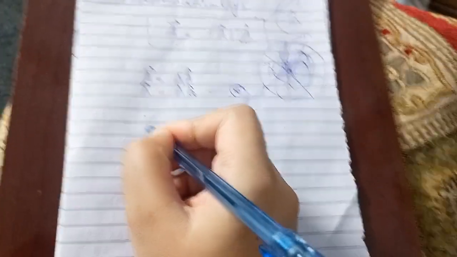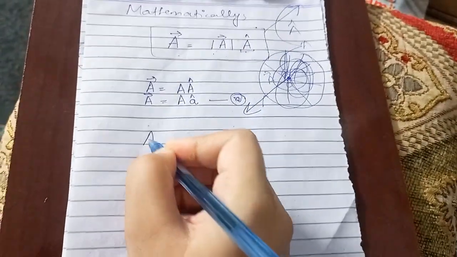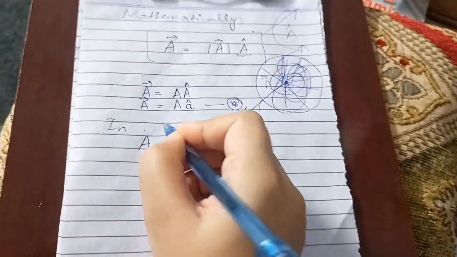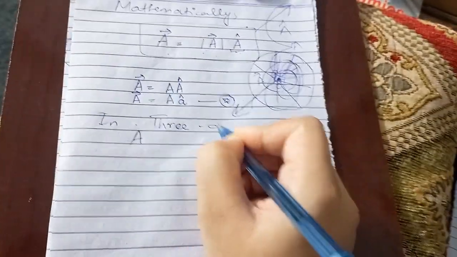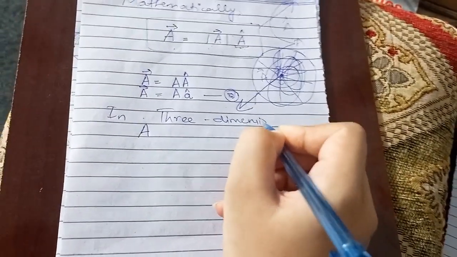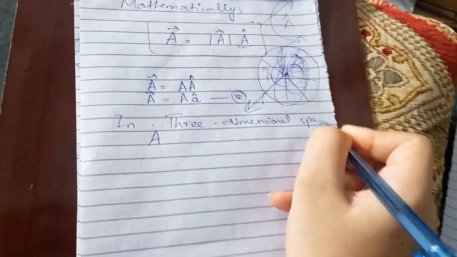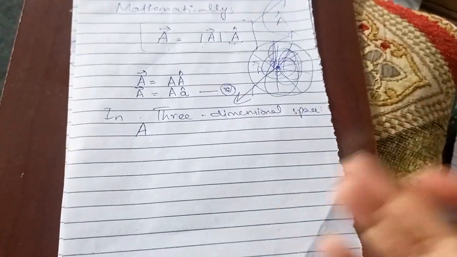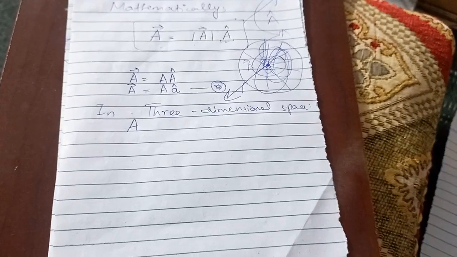In three-dimensional space, we have three components: x component, y component, and z component.